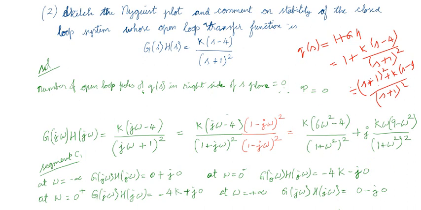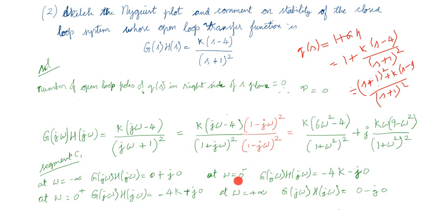Now for the segment C1, I start from omega minus infinite, omega 0 minus, omega 0 plus, omega plus infinite, as we discussed already. I will be finding out the corresponding points in the Q(s) plane, right? When I put omega minus infinite, I get G(j omega)H(j omega) as 0 plus j0.